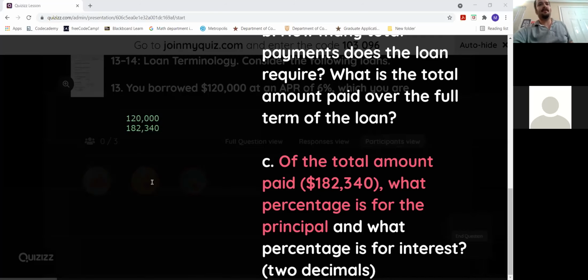I'm going to keep that right there. It's going to work for the next problem too. And do it to 2 decimal places, should be a percent.